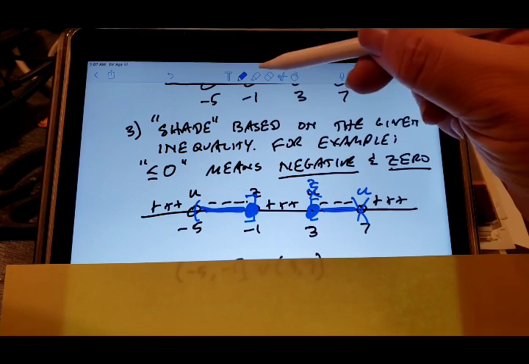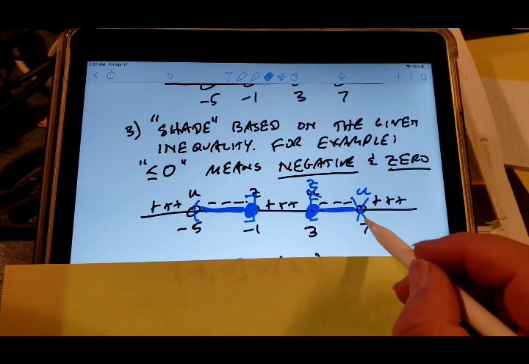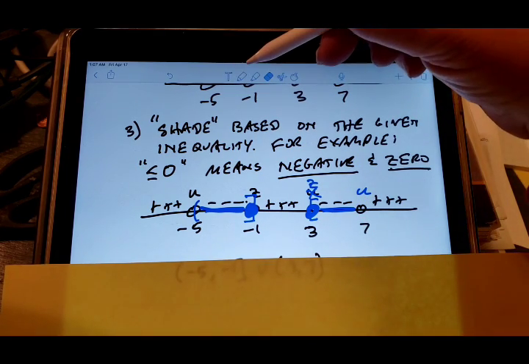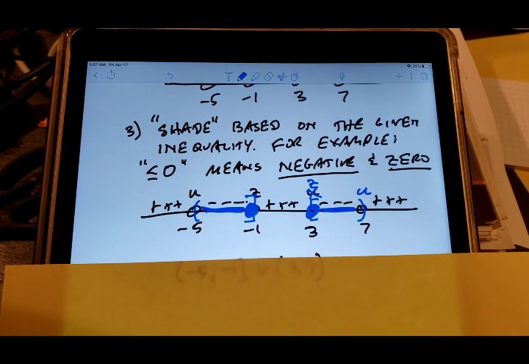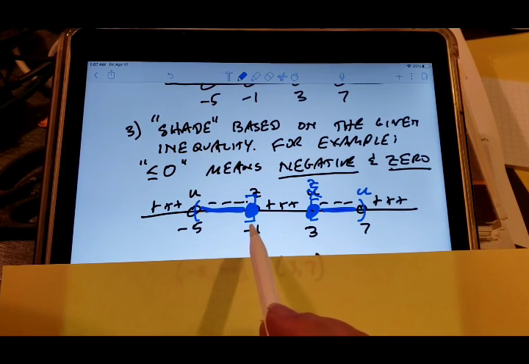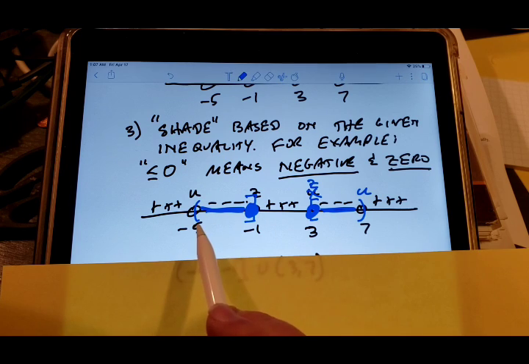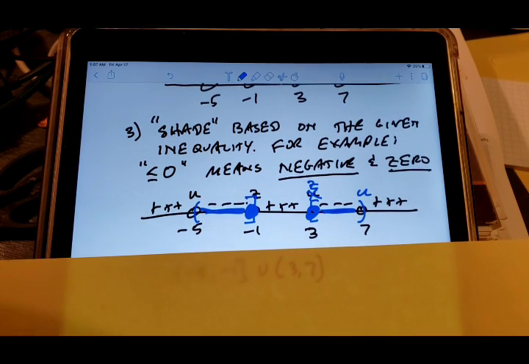And this is important because you are going to select these things from a multiple choice diagram, and sometimes the only difference between the right answer and the wrong answer is a square bracket instead of a parenthesis.